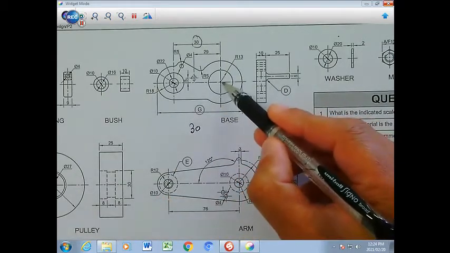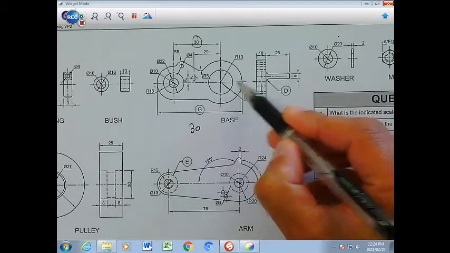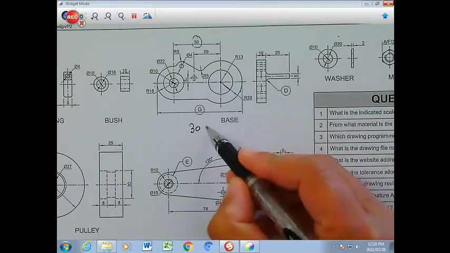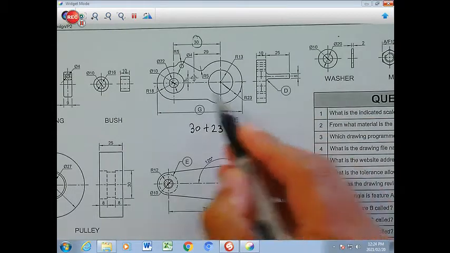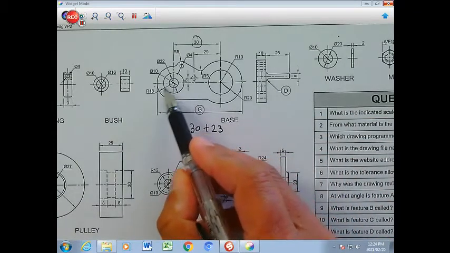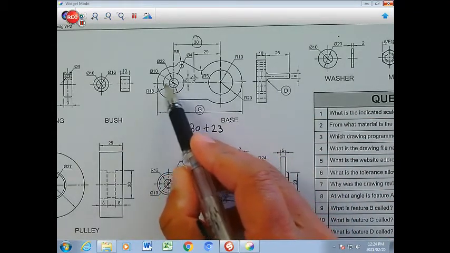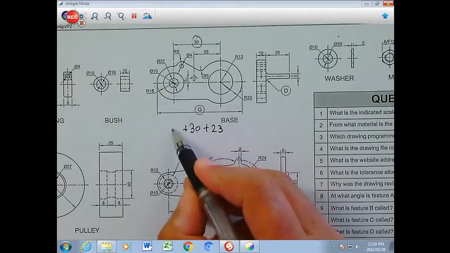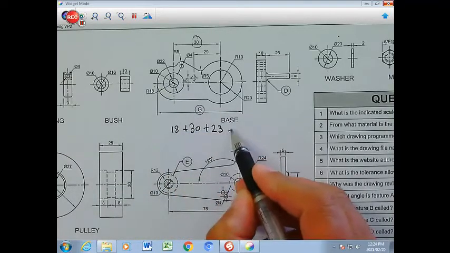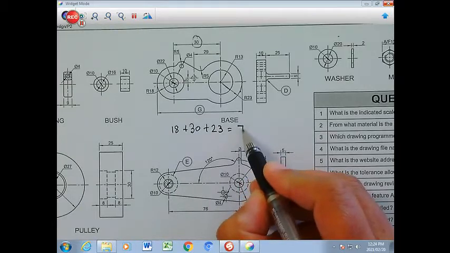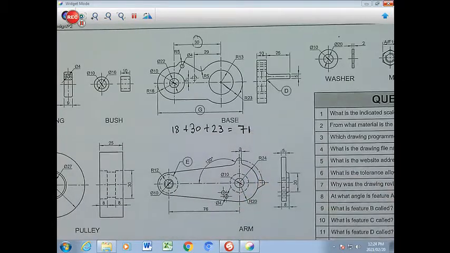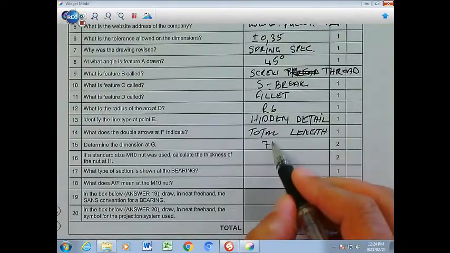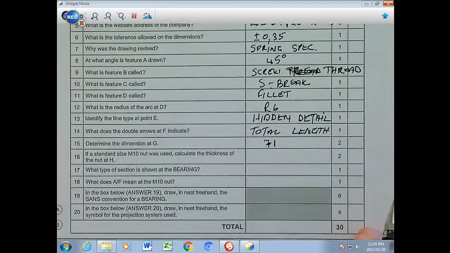So we find that that is the radius, that side from there to there, which is 23. So 30 plus 23 this side, and we go over to this side and we find there's an R18 from that point to there, plus 18 that side, and all together they will give you 71. Right, so you're going to go down to the answer block and write the 71 as the dimension.